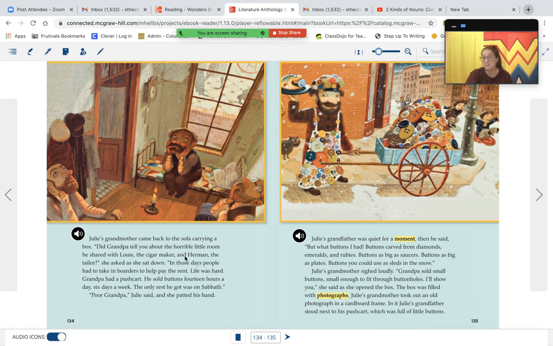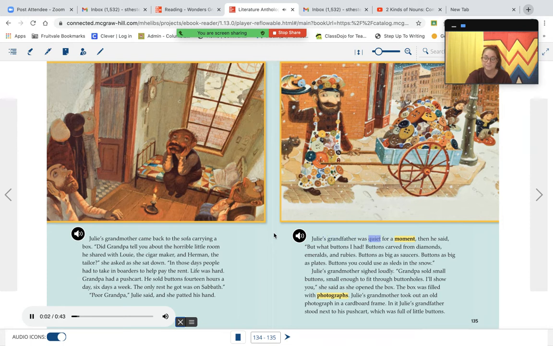Not even like roommates. Usually with roommates, you get your own room. They didn't get their own room. And how he survived was pushing a push cart. They called it a push cart because look, he's pushing it. And he sold buttons. And that's what he did. He rested on Sabbath, which is Sunday. So Sunday was the only day he took off. He didn't take off Saturday and Sunday, just Sunday.